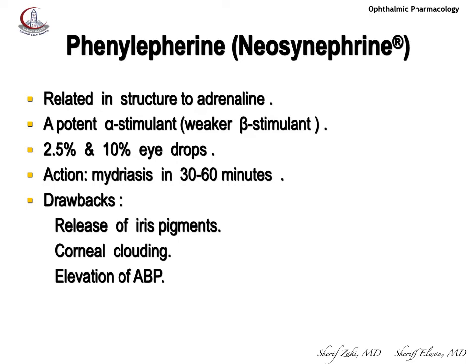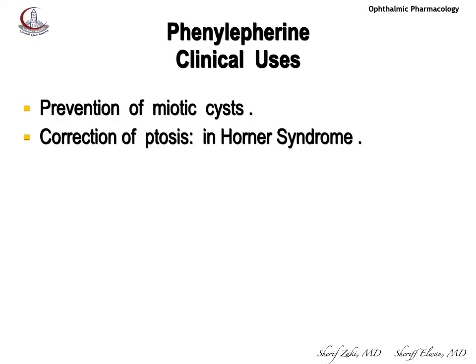It has got drawbacks of releasing the iris pigment, probably clouding the cornea, especially in higher concentration, and also elevating the arterial blood pressure, especially in the 10% higher concentration. It has the clinical uses of prevention of miotic cysts and correction of ptosis that is seen in Horner syndrome, which is unilateral sympathetic lesion.